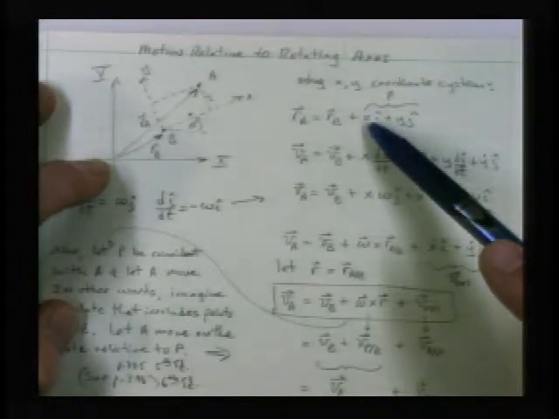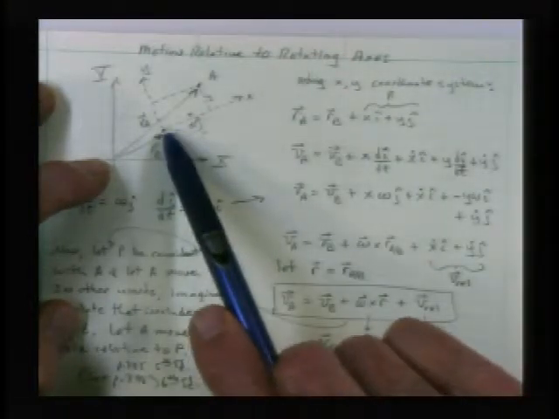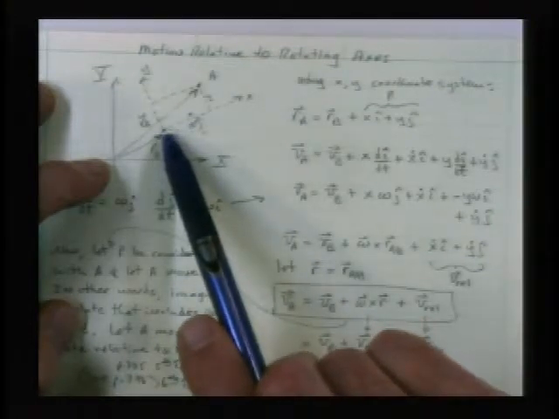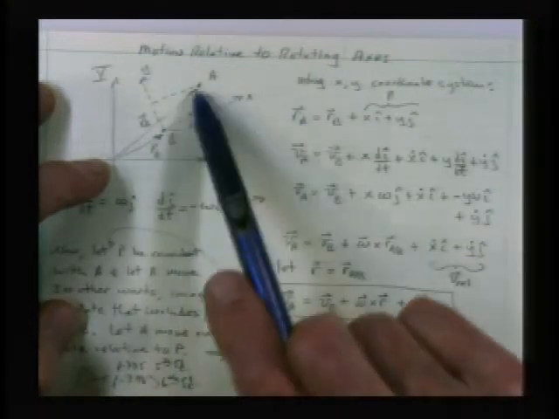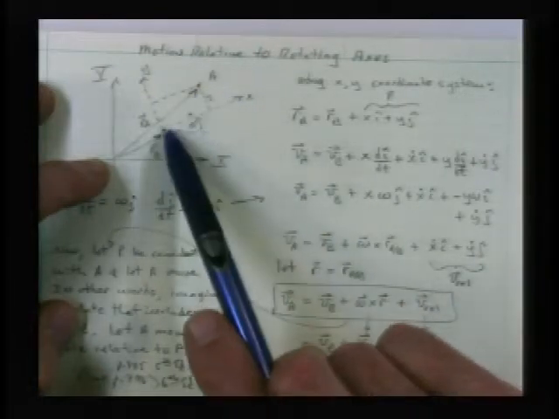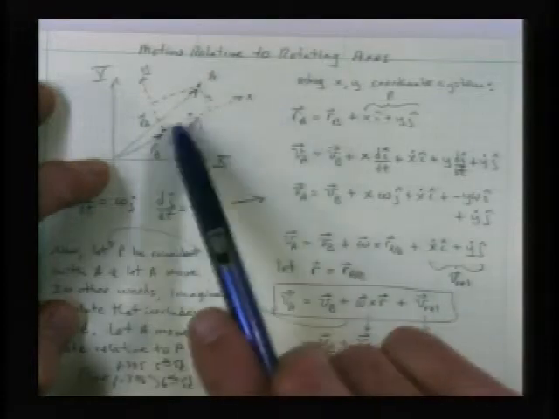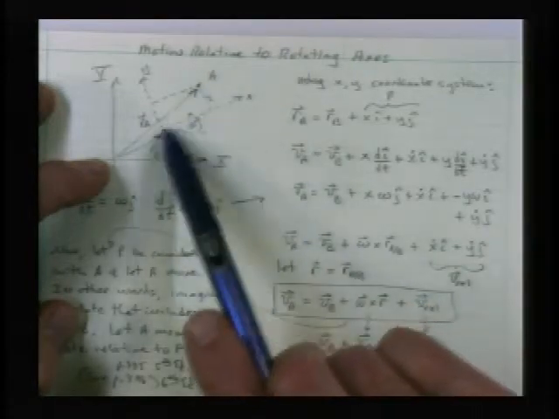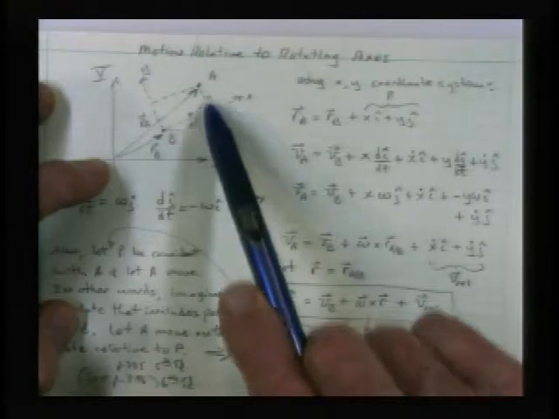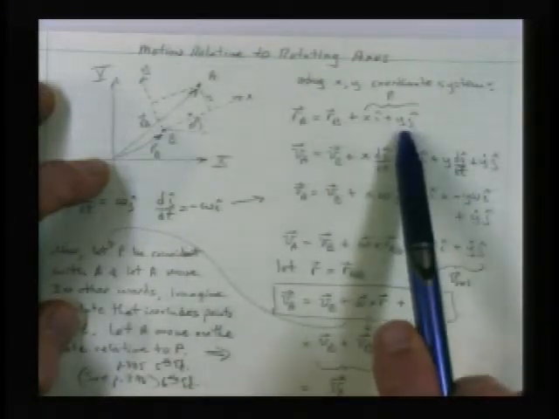Not too many of you did it very often, but occasionally it did show up. So you've got to be very careful that you're the observer. If you're the observer here, you write your vector from here to the other point, not the other way around. So if we're going to use this local, rotating axis system, then you can see that A is positioned at a distance x, y, using i and j associated with that, for your relative position.